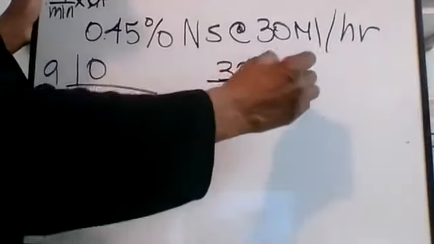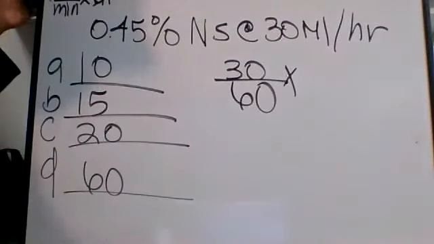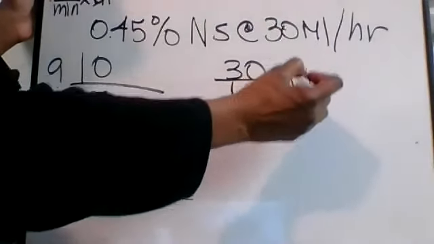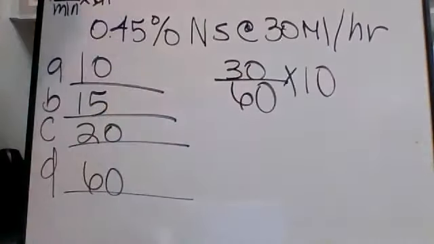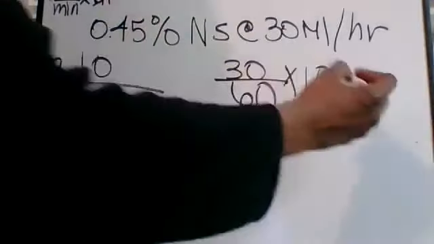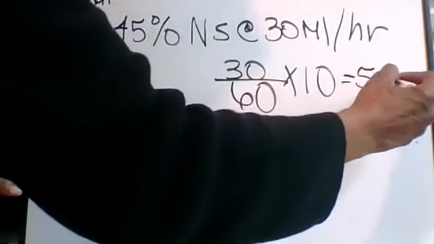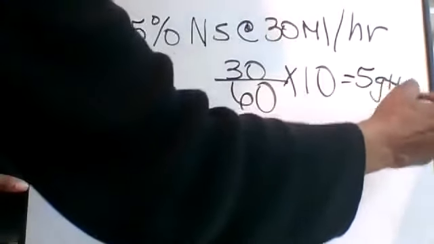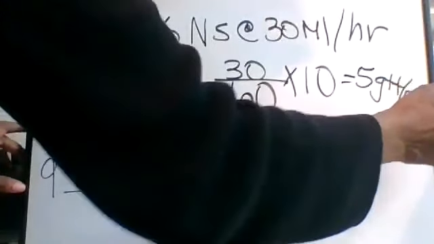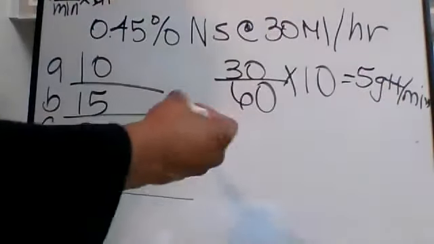So we put that there times 10, the drop factor that's been given. So we take our 30 divided by 60 times 10, and that gives us 5 GTT per minute.